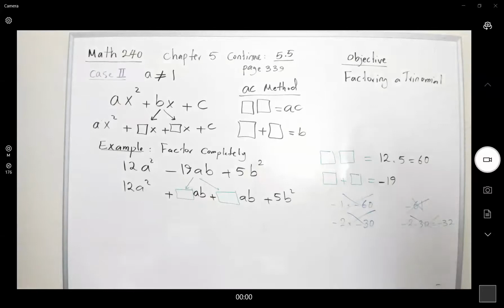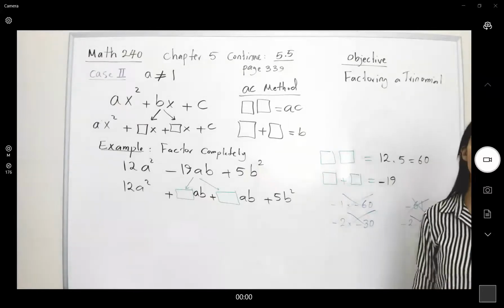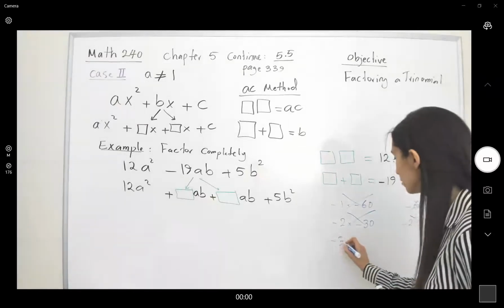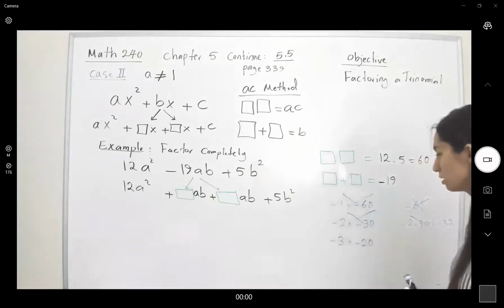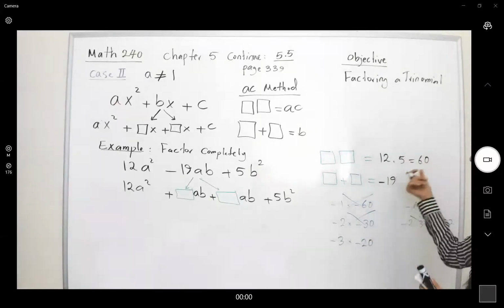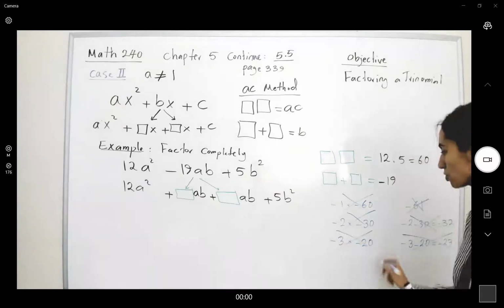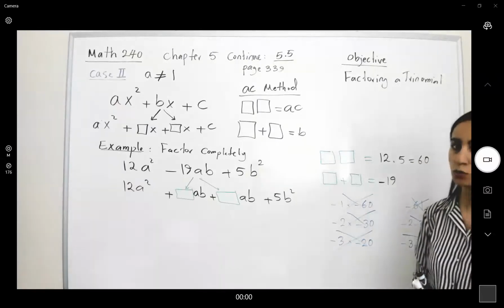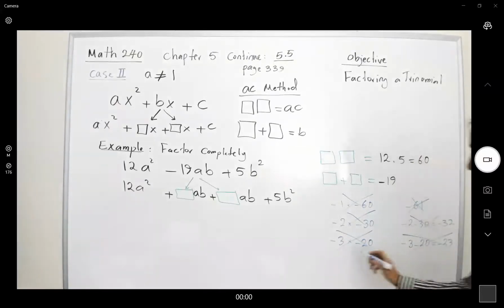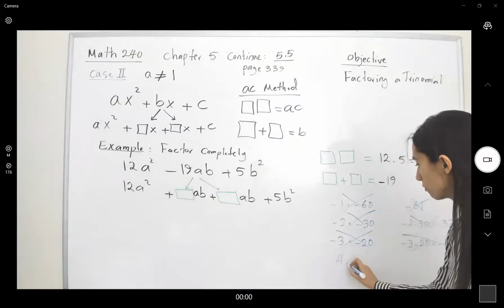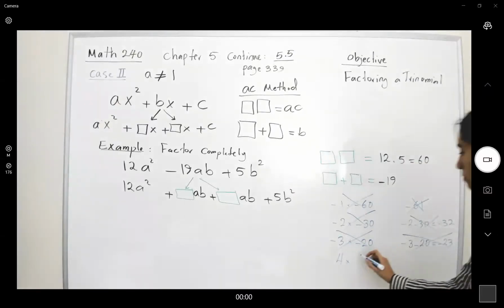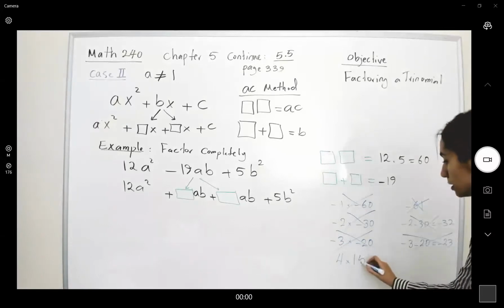What else do we have? You might say, hey, how about 3 times 20? So negative 3 times negative 20. Of course the multiplication is equal to 60, but how about the sum? Negative 3 minus 20 gives me negative 23. Not a good option. What else? How about 4 times 15?